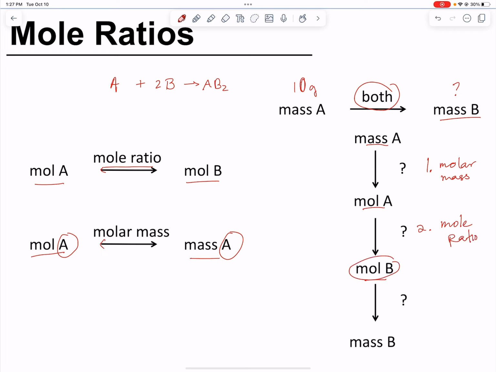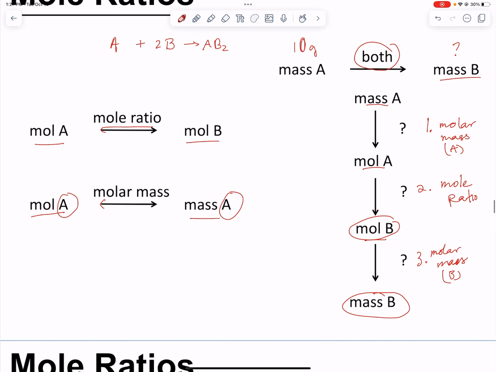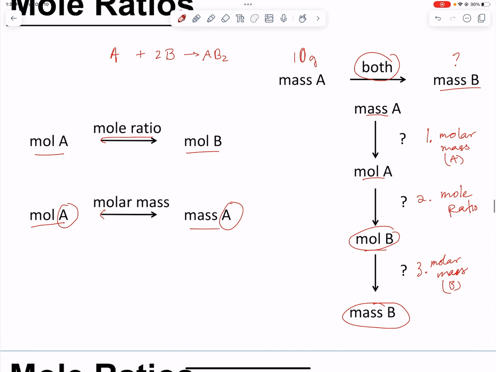And then how do we go from moles of substance B to mass of substance B? We will use step 3, the molar mass, but this time for substance B. The first one was for substance A. So it's a 3-step problem to convert from the mass of one thing to the mass of something else.